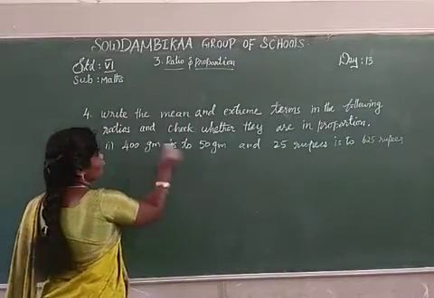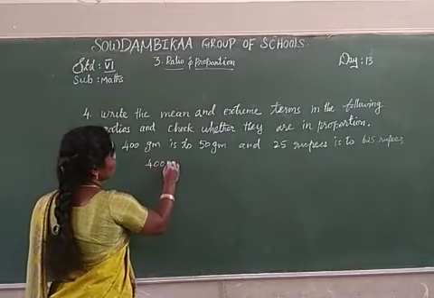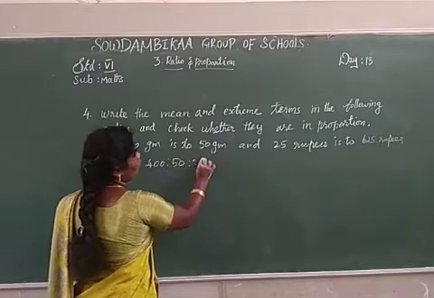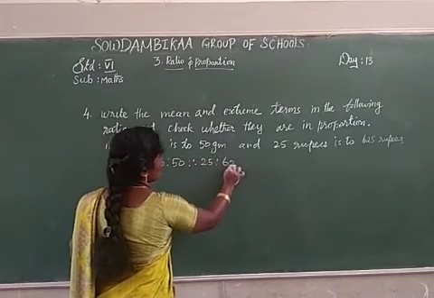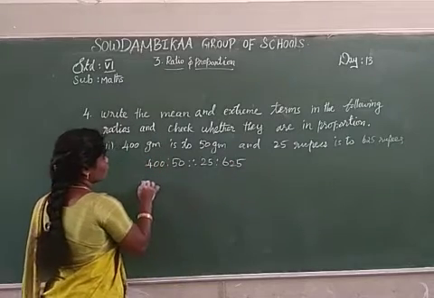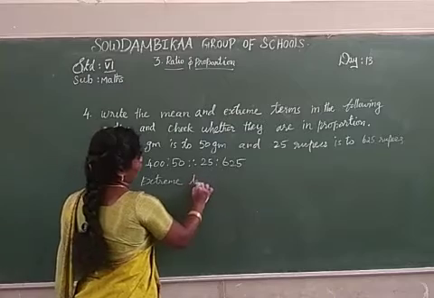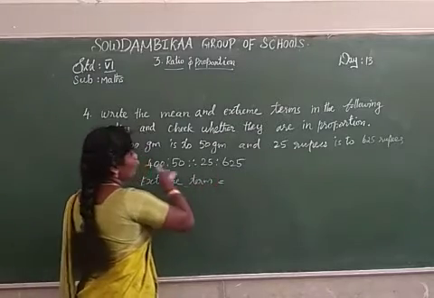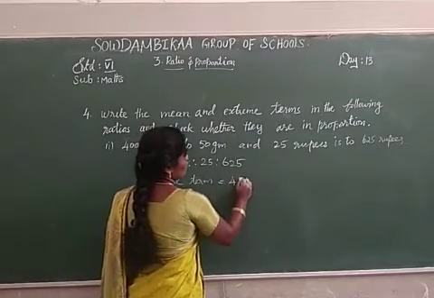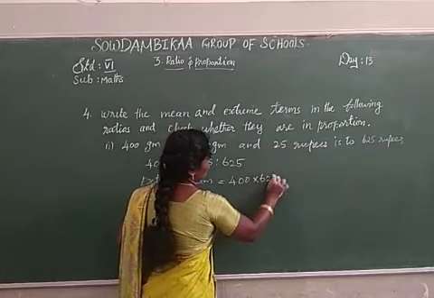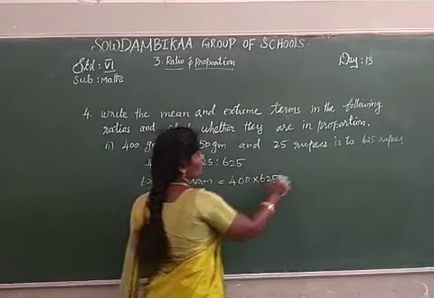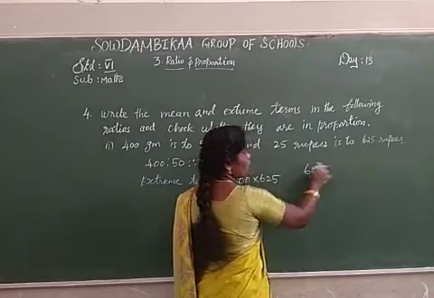First write the ratio: 400 is to 50 is equal to 25 is to 625. Now the extreme terms: 400 into 625. As I already told you, only multiply the numbers.